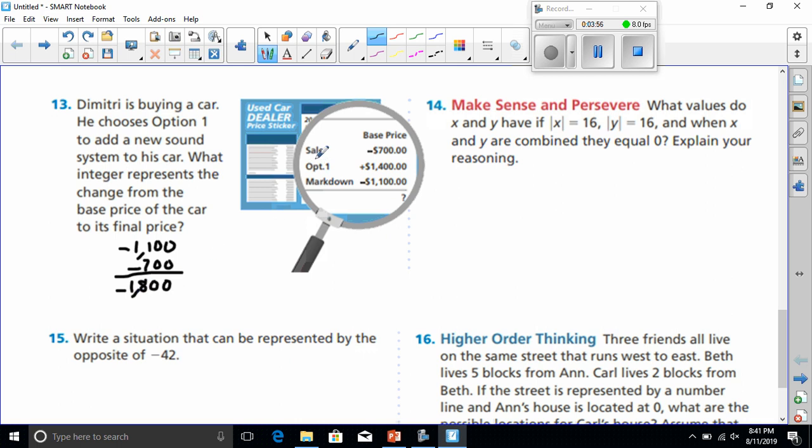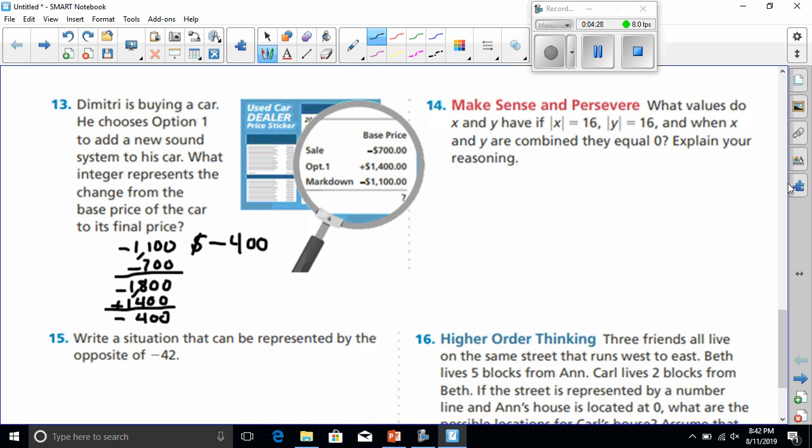And now we have that option 1, which gives us a positive $1,400. So if we go with option 1, positive 14. Remember, we got to take the big number minus the small number, and that's going to give us 400, and we keep the sign of the bigger number, which was negative. So it's negative $400. And we are talking money here.